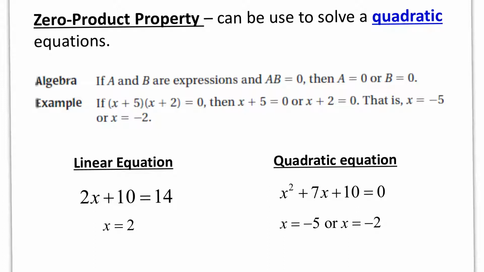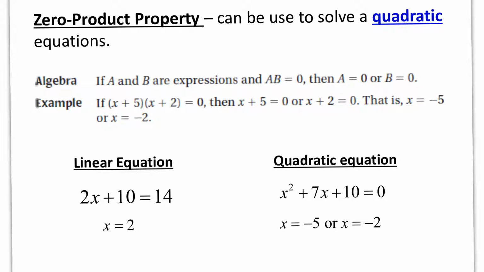Anything times 0 is going to equal 0. The problem is that we don't know which one of these 2 is going to be the 0 value. So that's why we make 2 different equations. We can say a equal to 0 or b equal to 0.